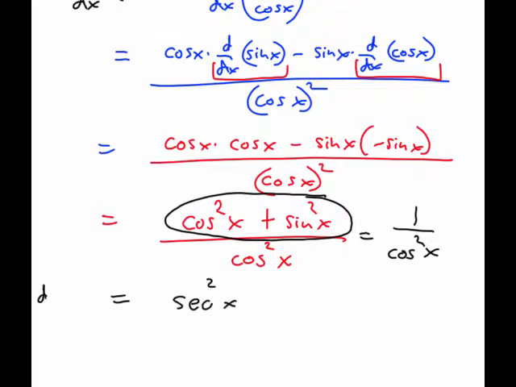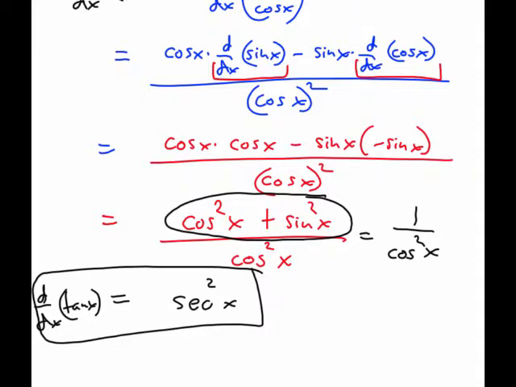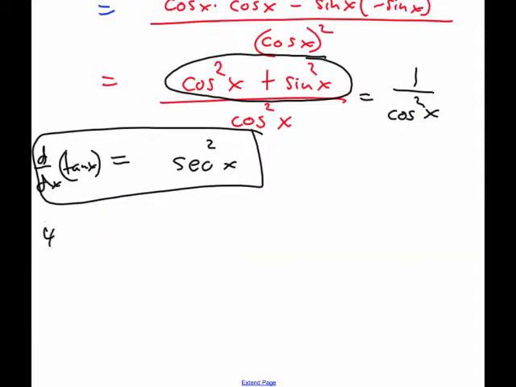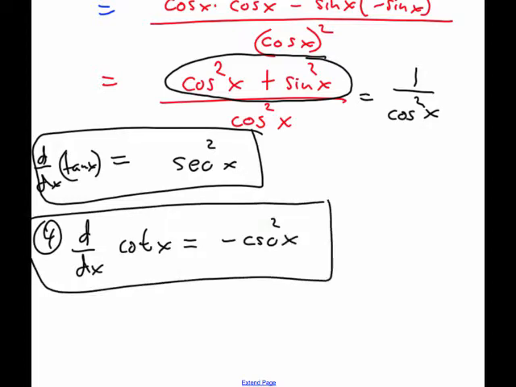That, in fact, is the derivative of tangent x: secant squared. In a similar way, I could show the derivative of cotangent x to be the negative cosecant squared of x. So there's another derivative to remember.